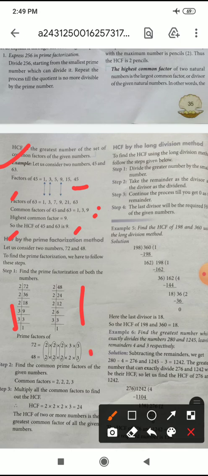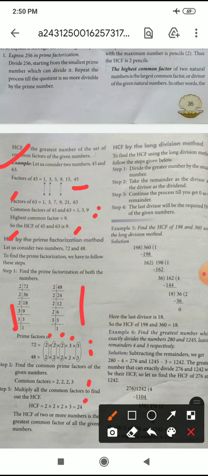Okay, we find out which are common. You see these 2, 2 and 2, triple 2 and 3. These are common factors. Then step 3. Multiply all the common factors to find out HCF. So now what we do? Now we multiply all the common factors. So we get 24. The HCF of 2 or more numbers is the greatest common factor of all the given numbers.